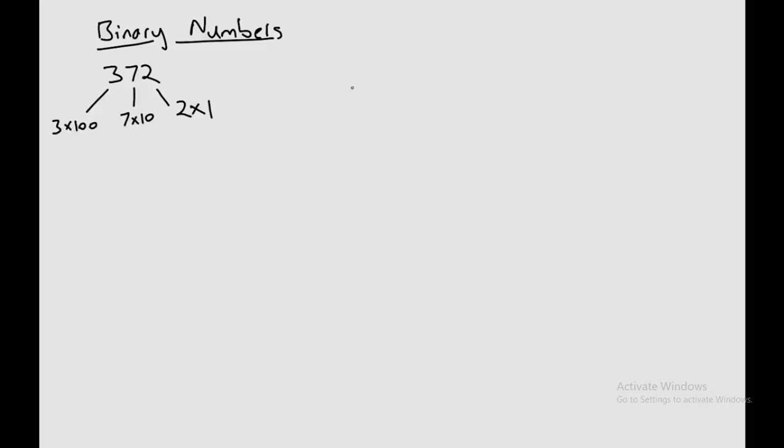And the binary number system is really similar. We just use noughts and ones. There are only 2 numbers in it, and the way it works is, let's take a number like 1011. What does that mean? Well, here we've got 1 times 1, just as in the decimal system, but instead of 1 times 10, we've got 1 times 2. And here we've got 0 times 2 times 2, in other words 0 times 4.